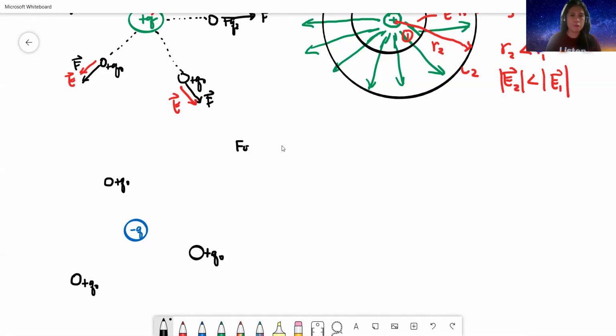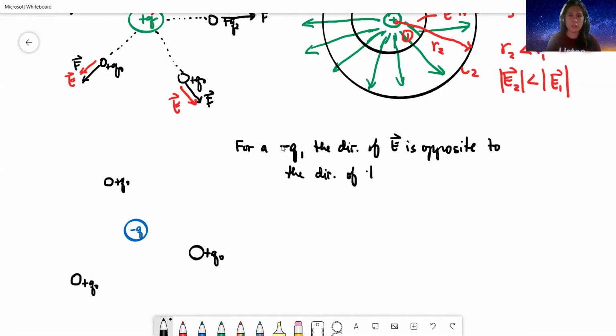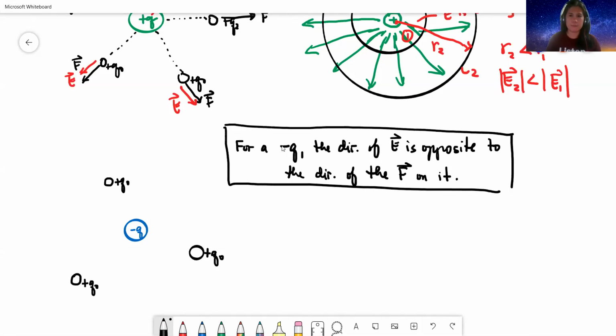Take note, for a negative charge, the direction of the electric field is opposite to the direction of the force on it. This is a very important concept. I will box this because it is important.